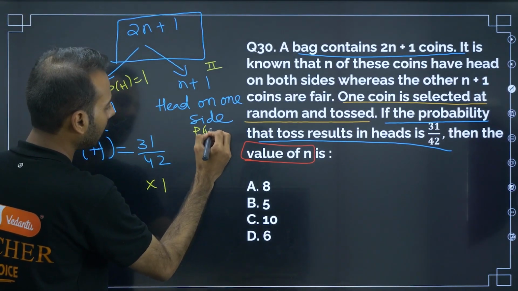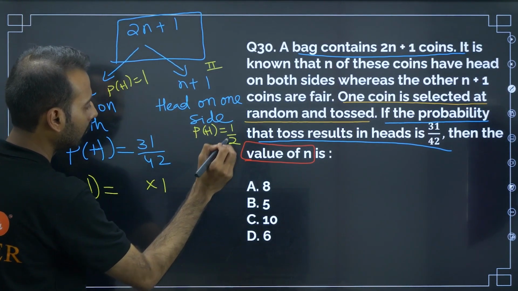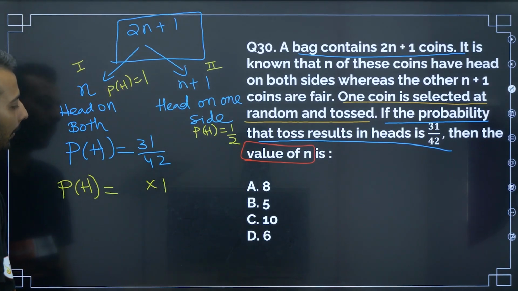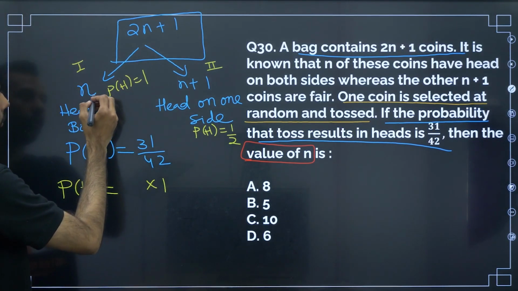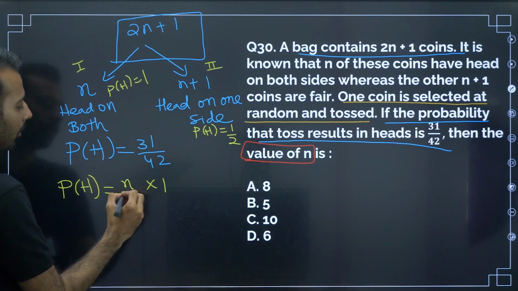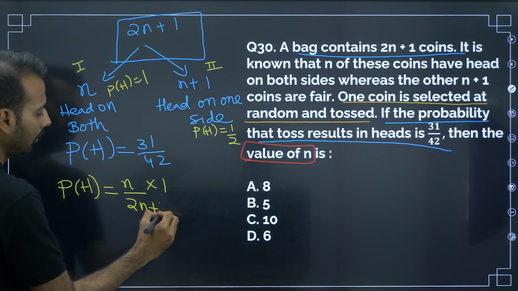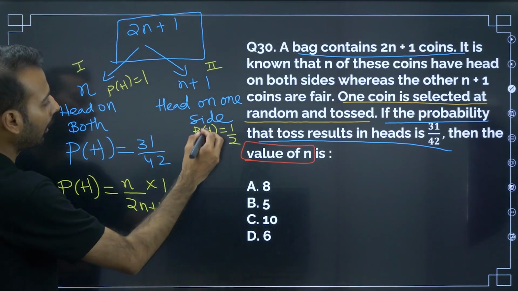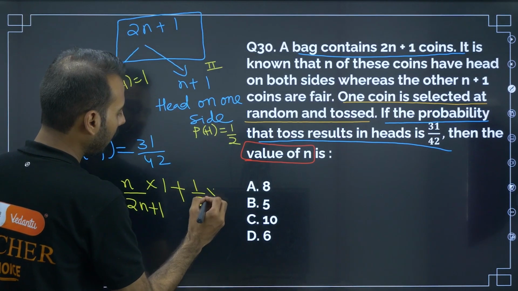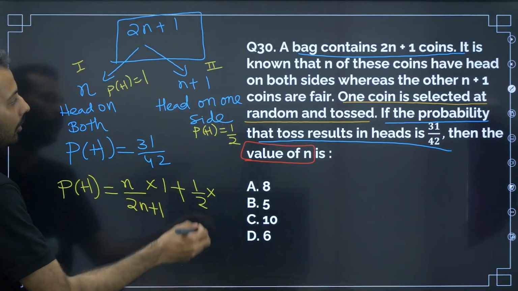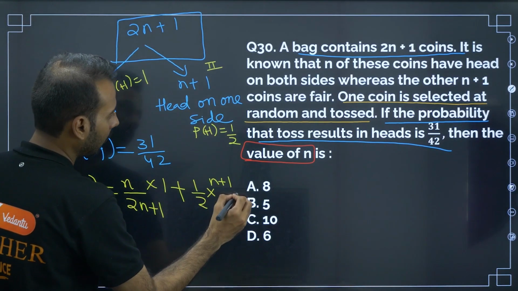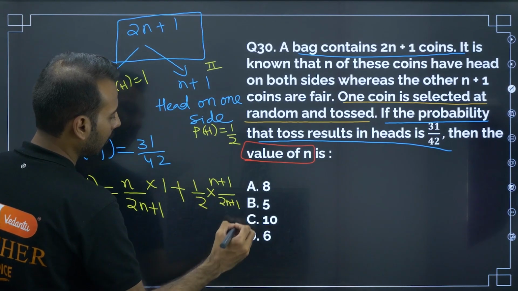Probability of head here is 1 by 2. Favorable is n by 2n plus 1 plus, here head is 1 by 2, and how many coins are there? N plus 1 by 2n plus 1.